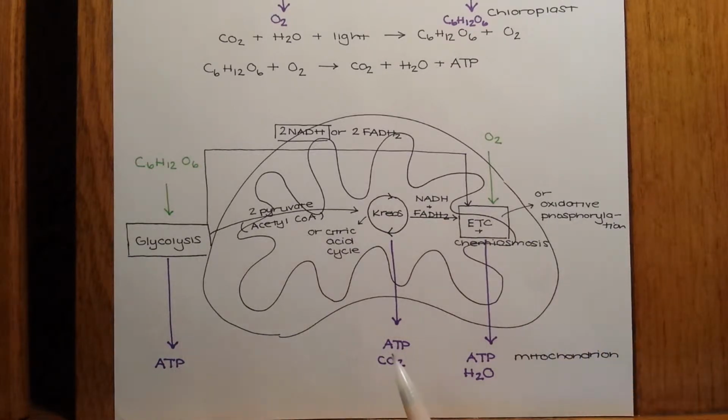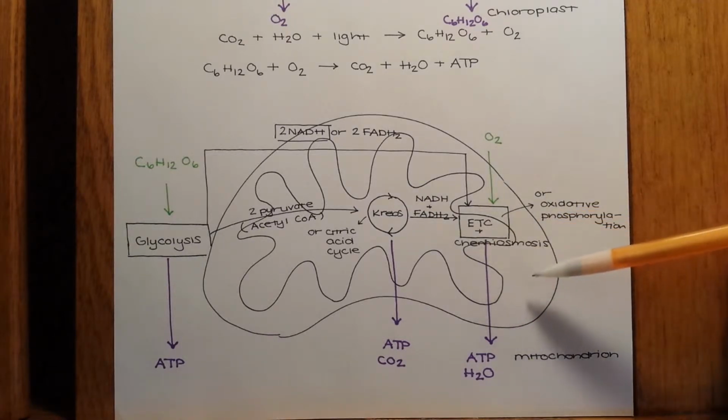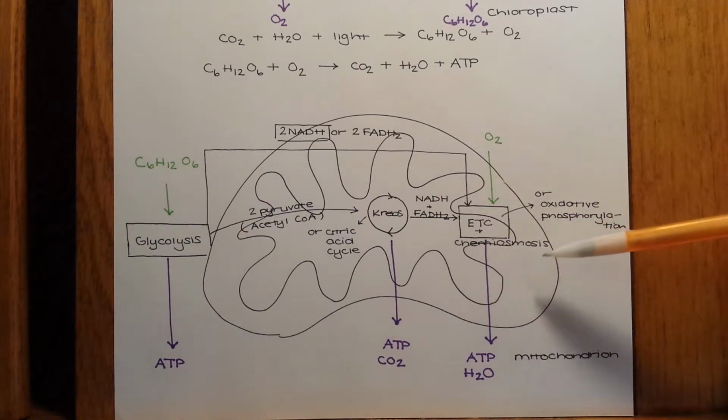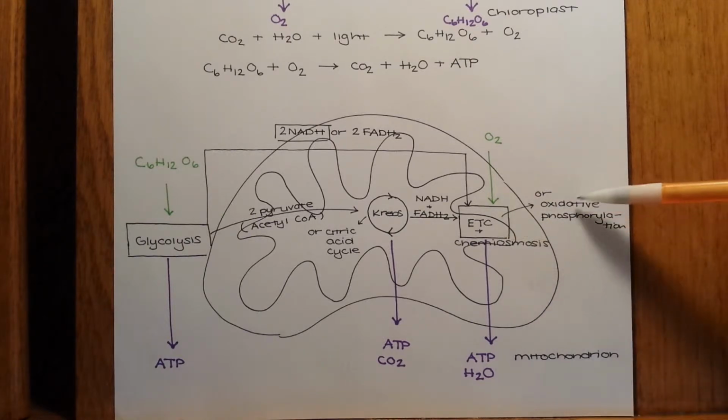And so it came up in class a couple of times. Remember, we're making ATP at each of the steps, and that process of making ATP is what leads to phosphorylation. That coupling of ADP and inorganic phosphate to make ATP is called chemiosmosis. In the electron transport chain, we said that's oxidative phosphorylation because there's oxygen making that process happen. Oxygen is the electron acceptor.